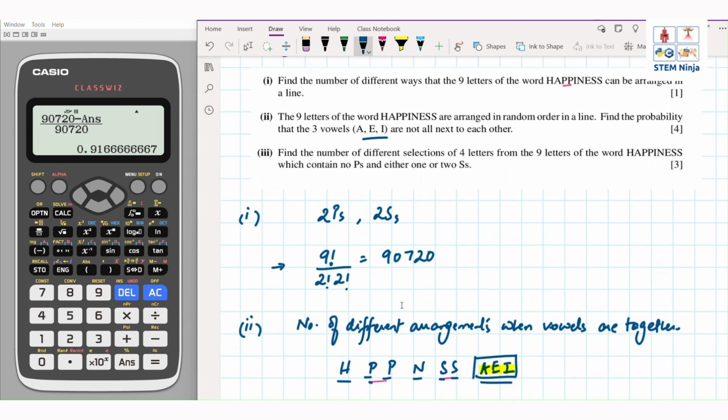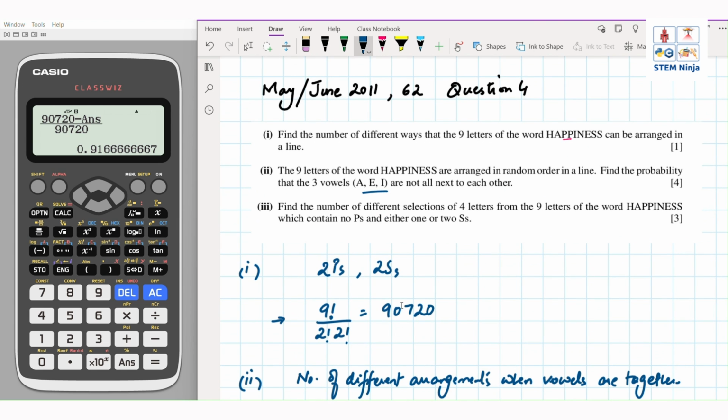All right, now the part 3. Find the number of different selections of 4-letter words, different selections this time. So see, combination thing of 4 letters from the 9 letters of the word happiness, which contain no P's and either 1 or 2 S's.